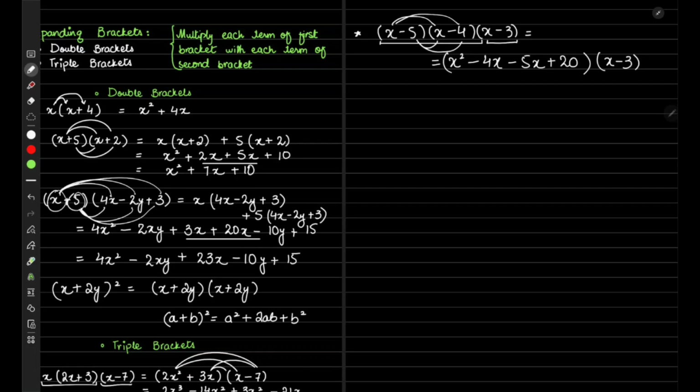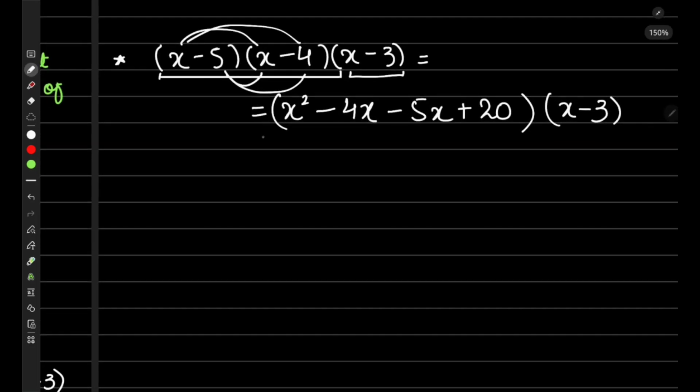Now first simplify this. It will turn out to be x square minus 9x plus 20. I know for some students this is a very basic thing, but yet maybe for some students this also needs to be cleared because they might have ambiguities in this topic. Okay, now multiply each term with each term.